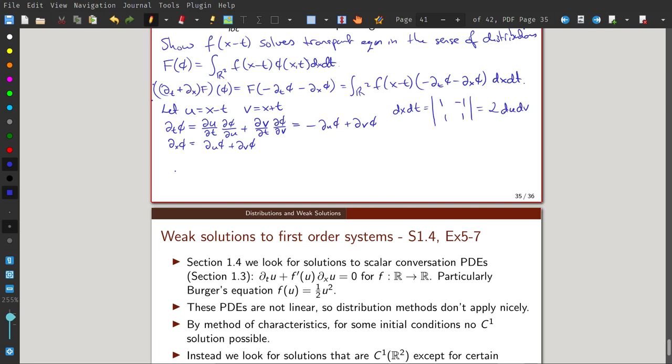So continuing on from above, we'll have the integral over R squared of f of u, and then negative t derivative gives us this, and then the negative of u derivative gives us this, times 2 du dv.